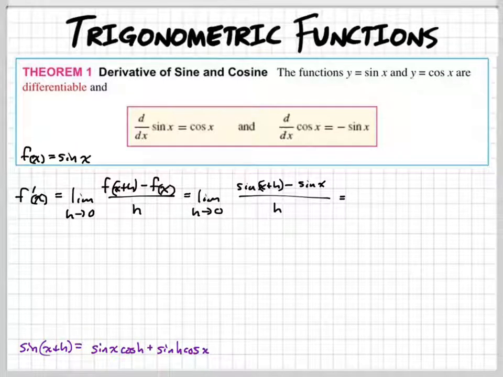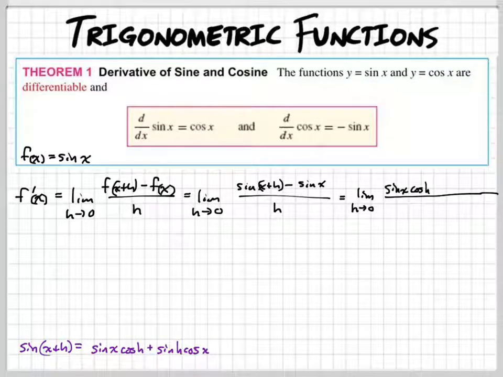Write small. So we have the limit as h approaches 0 of sine of x cosine of h plus sine of h cosine of x, and then minus sine of x, all over h.